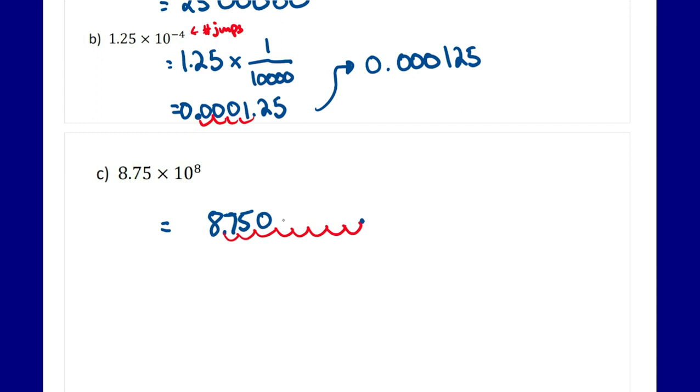In my expanded form or standard form, I'm going to fill in all the missing or empty spots with zeros as placeholders. So I have 8, 7, 5, and then 1, 2, 3, 4, 5, 6 zeros. So that is my standard form notation for this scientific notation.